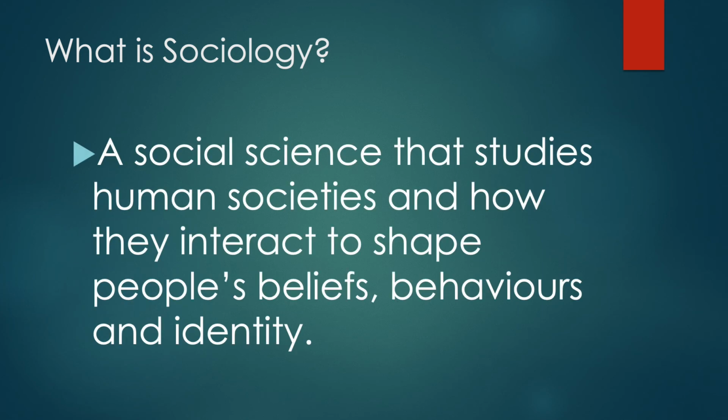Sociology, then, is a social science that studies human societies and how they interact to shape people's beliefs, behaviours and identity. At the heart of sociology is us trying to understand how people behave and, importantly, why they behave in that way. We're particularly interested in looking at patterns of behaviour in groups of people, and we are trying to understand what influences their behaviour.